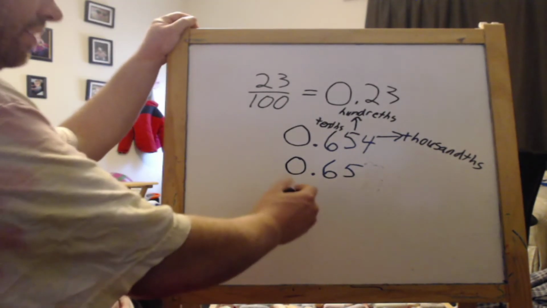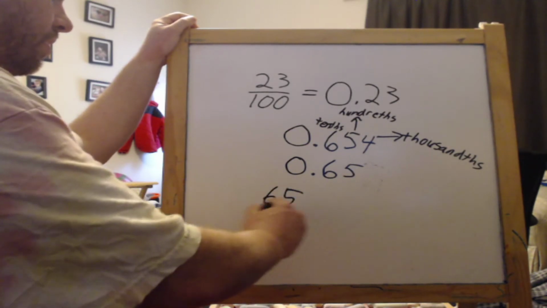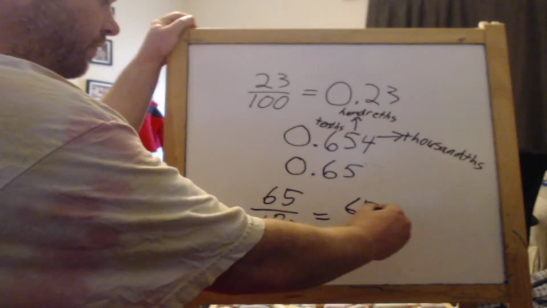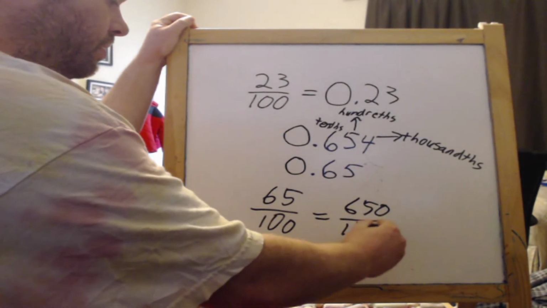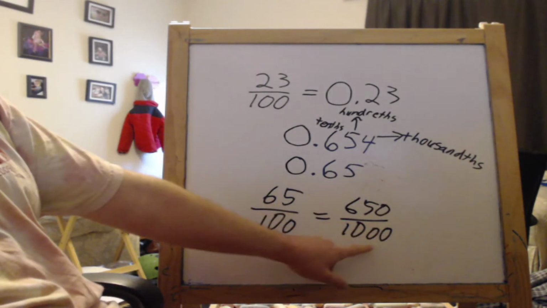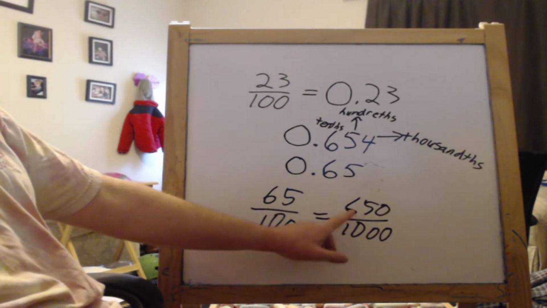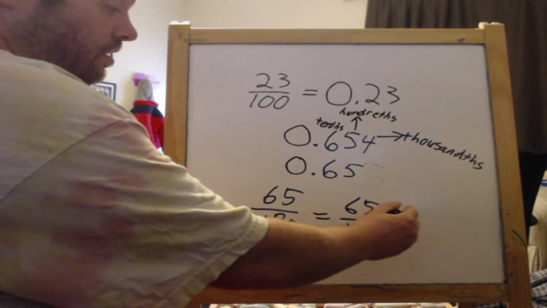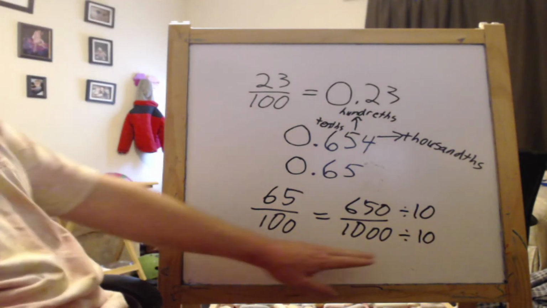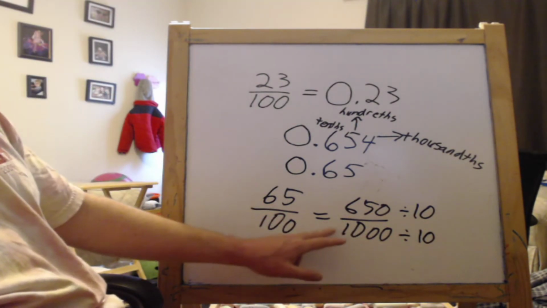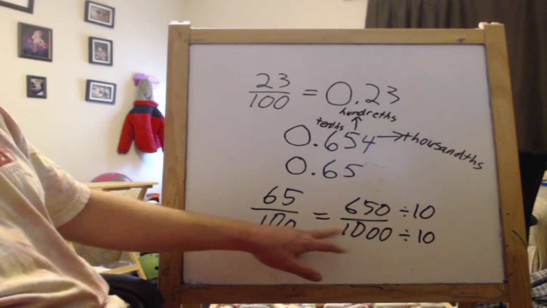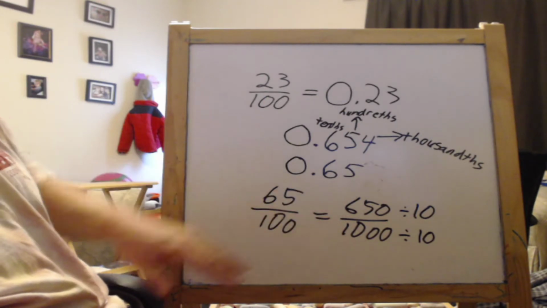Now, the reason that 65 hundredths equals 650 thousandths is because if we were to divide top and bottom by 10, and you can, as long as you divide each number by the same thing, the value of the fraction stays the same.